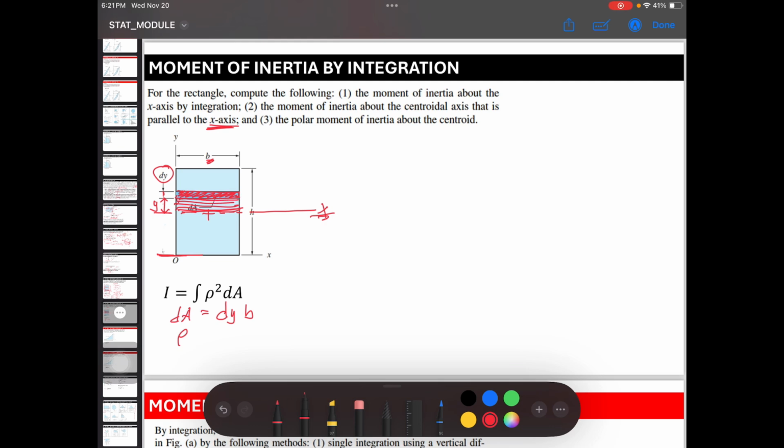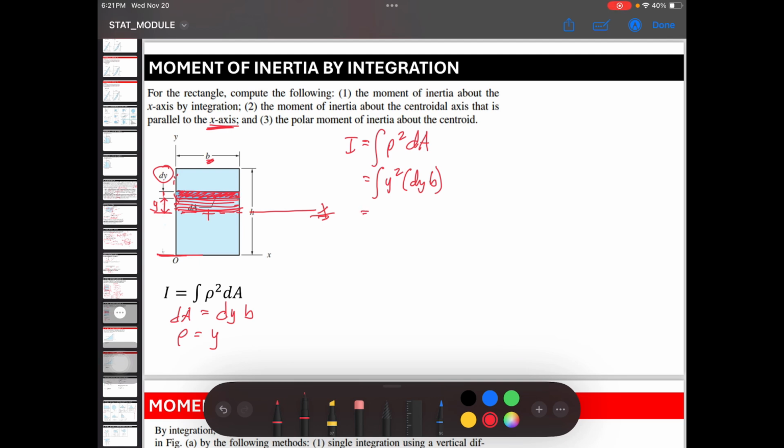At any values of y, rho is still y. So, buuin na natin yung general equation, rho squared dA. Substitute na natin si rho, y squared, and dA is dy times b. Parehas lang sa kanina, no?